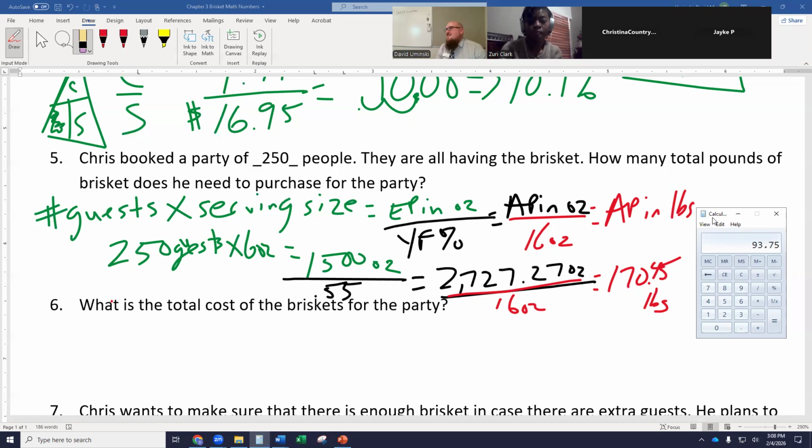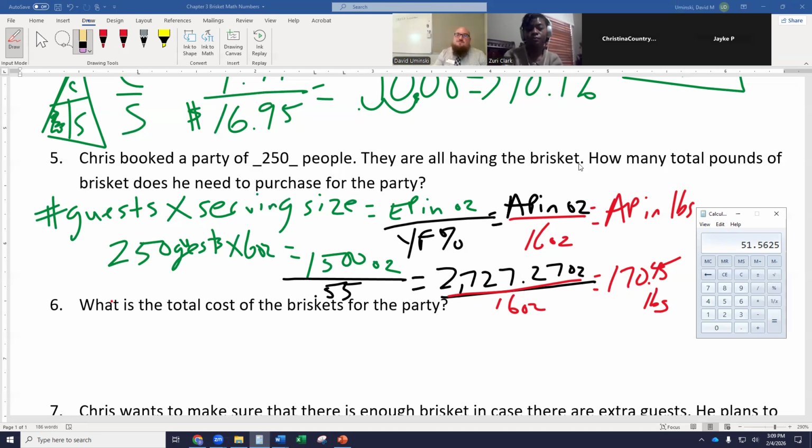If I only order 93.75 pounds, and then I apply the yield factor of 0.55, I'm only going to end up with 51 pounds of brisket left. Is that going to be enough to feed 250 people? No. So that's why the yield factor is so crucial.